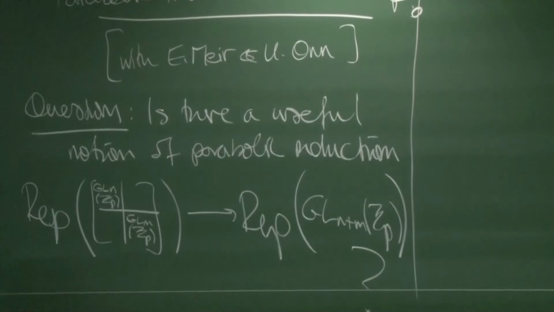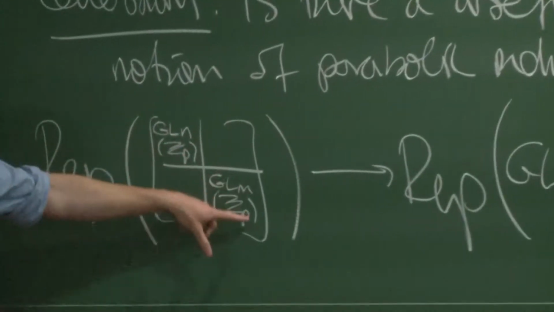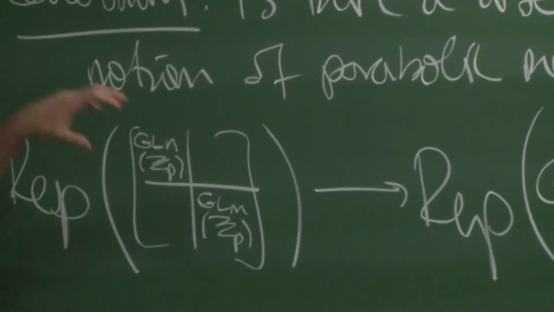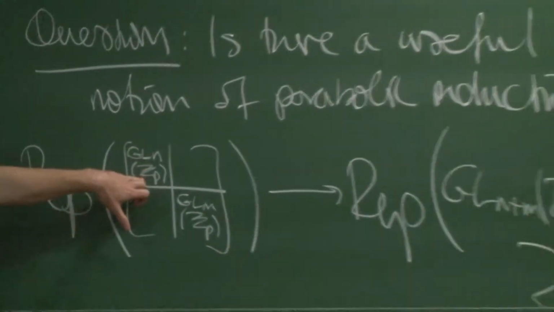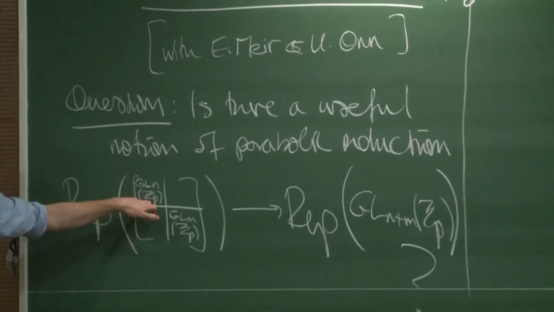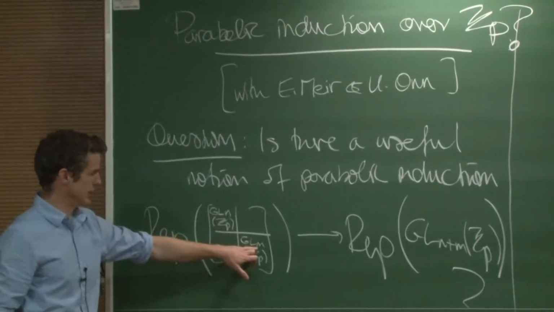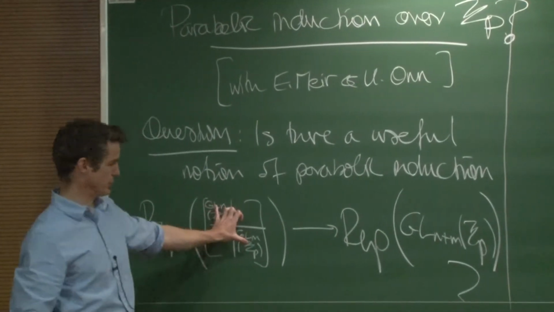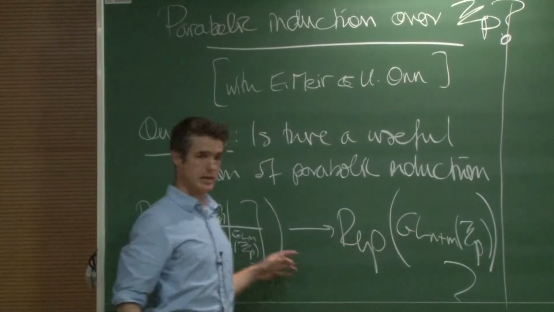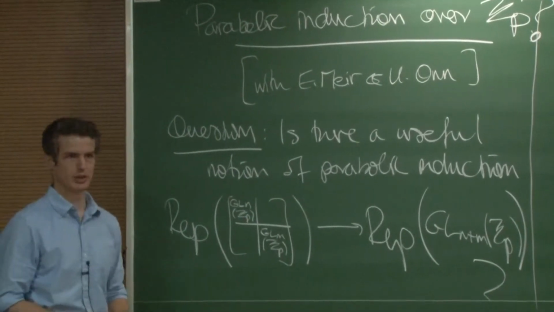Is there some useful notion of parabolic induction from smooth, complex representations of this profinite group, basically a product of GL_N over p-adic integers, or some other ring of integers in a local non-Archimedean field? And so GL_N times GL_M viewed as a block diagonal subgroup of GL_{N+M}. Is there some useful notion of parabolic induction going like that?